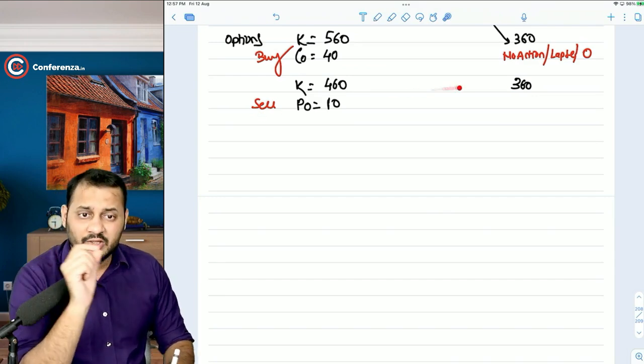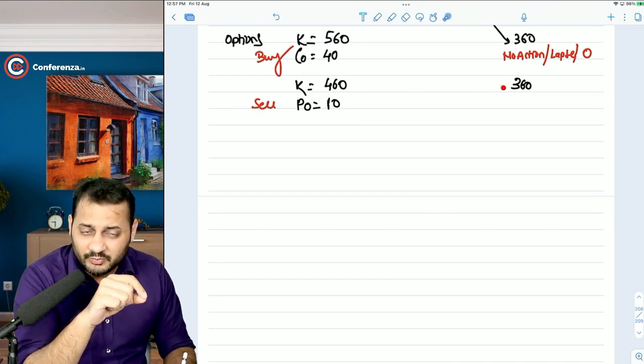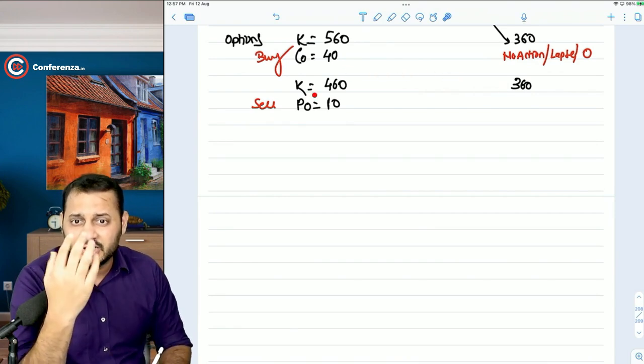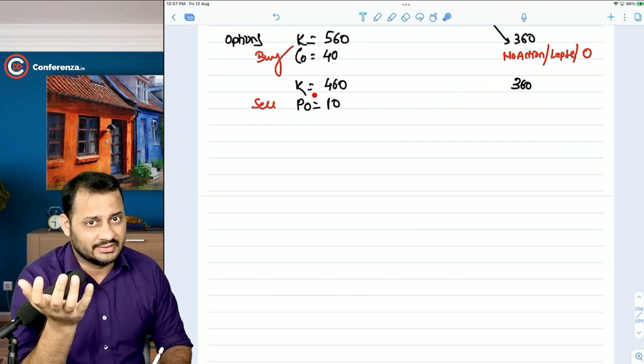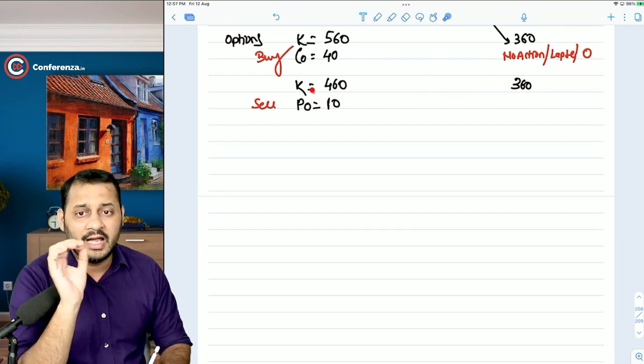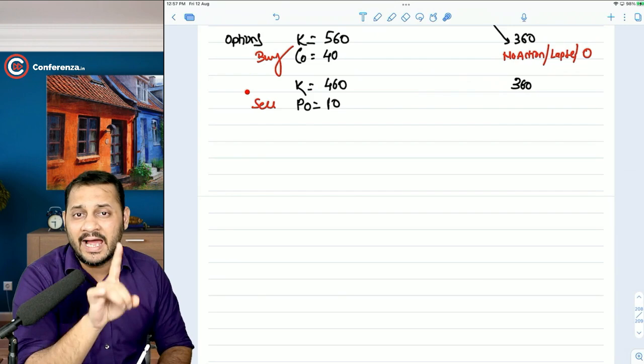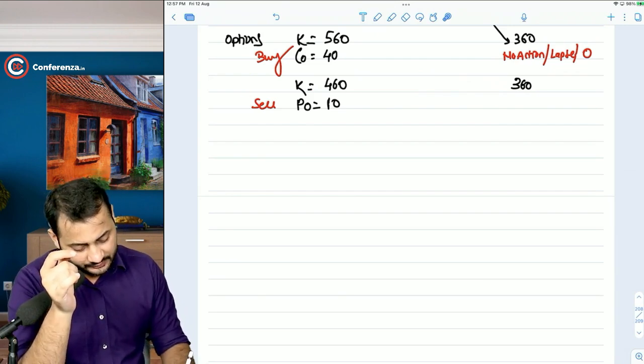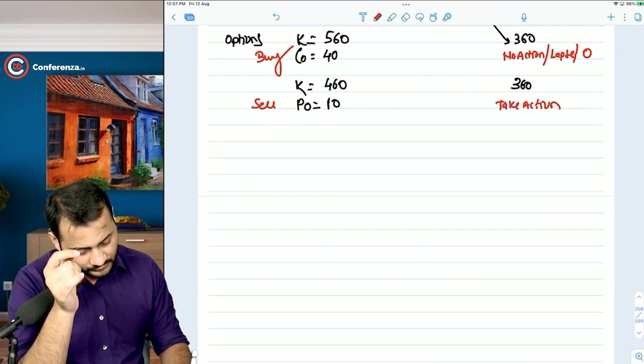Now, if the market price is 360 and you have the right to sell at 460, are you ready to sell? Yes sir, because I can see the profit, and the option buyer only acts when there is a profit. So you will exercise the option and the payoff will be 100 rupees.